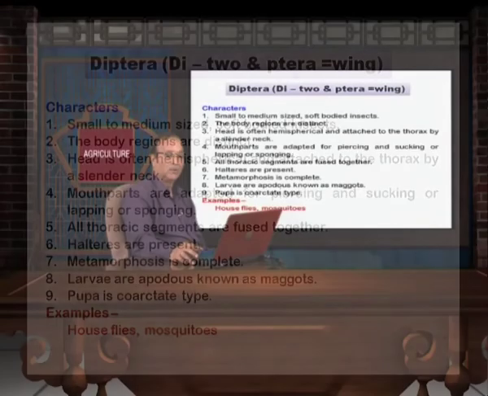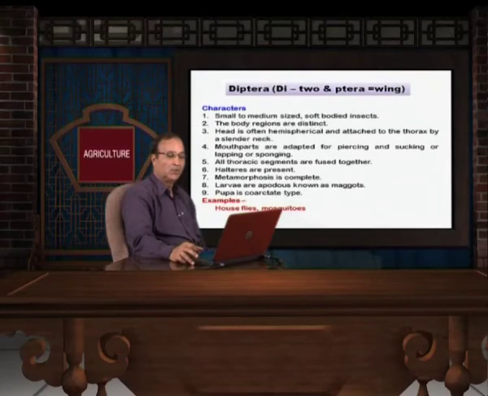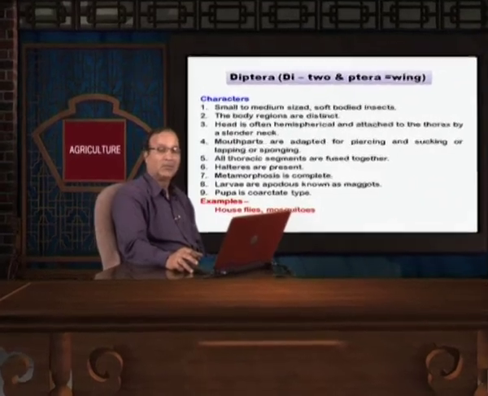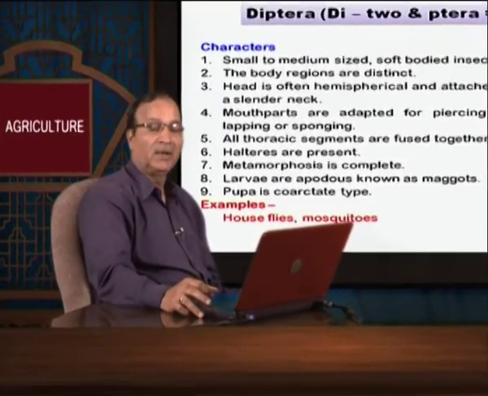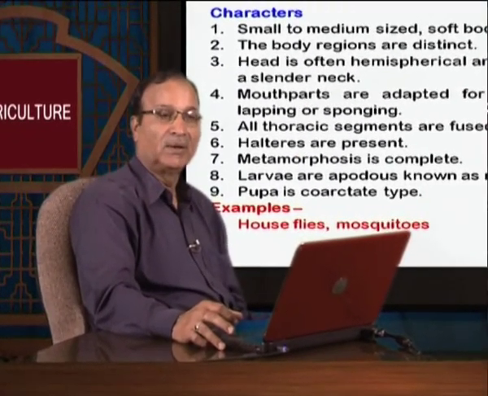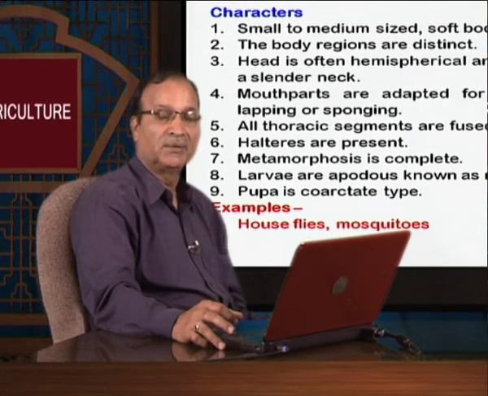Now, as we know, the two important examples of dipterans are house flies and mosquitoes. We all know that house flies are not acting as a pest, but they cause nuisance to us.